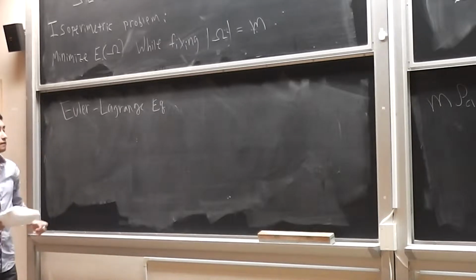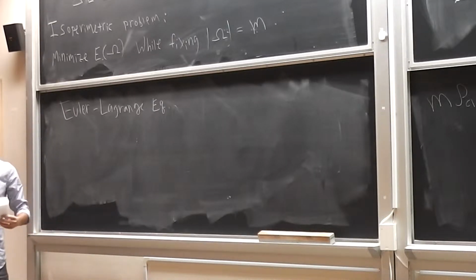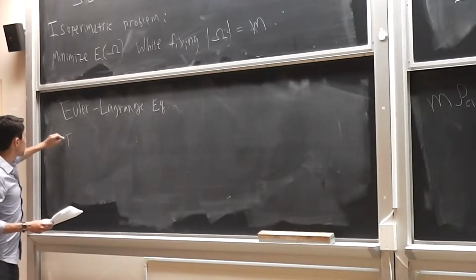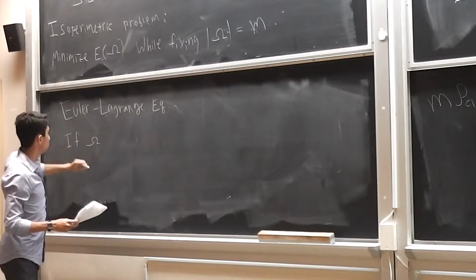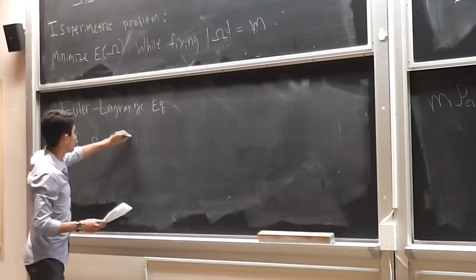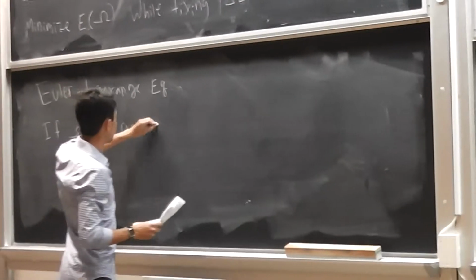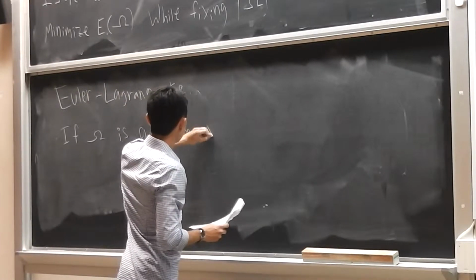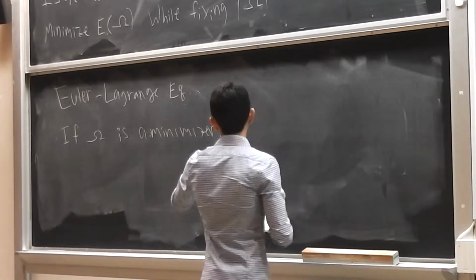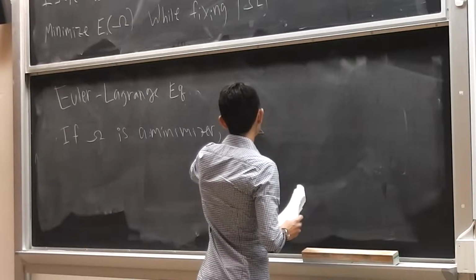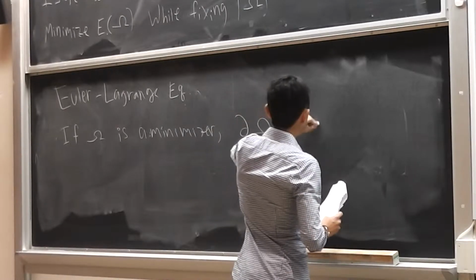So when you have a minimization problem like this, there's this associated PDE that we call the Euler-Lagrange equation. So we have that if omega is a minimizer, then, okay, I won't be too rigorous, but basically the boundary of omega satisfies this PDE.